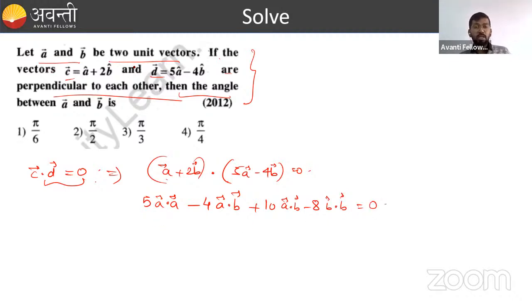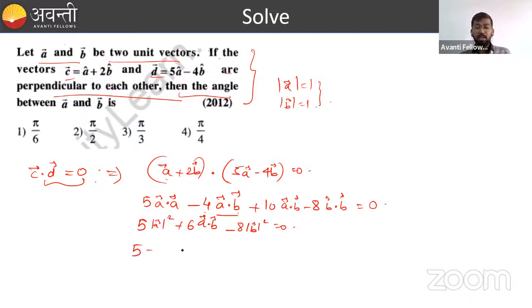Now it has been given as mod of A is 1, mod of B is 1, because these two are unit vectors, right? So here I will write 5 times mod A square, this minus 4 times this plus 10 times this will become 6 times A bar dot B bar and minus 8 times mod B bar square equals 0.